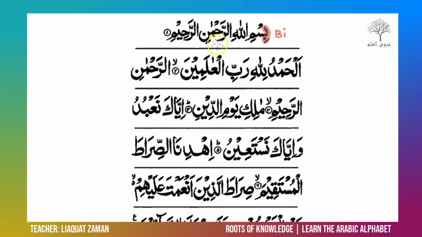Also, if you carry on, you can see over here you have another letter. This is the Ra. It's got Fatha on top. Now, don't worry about that W sign. We're going to do that, inshallah, in a few lessons' time. So this is Ra.